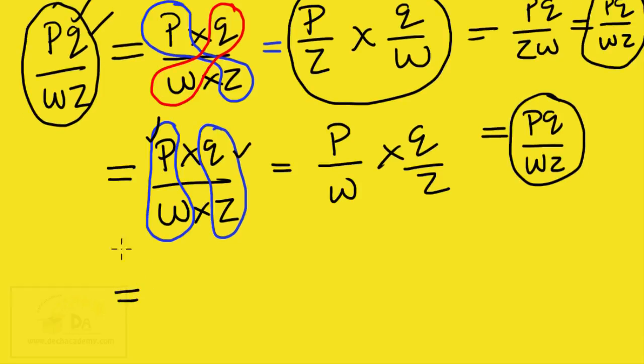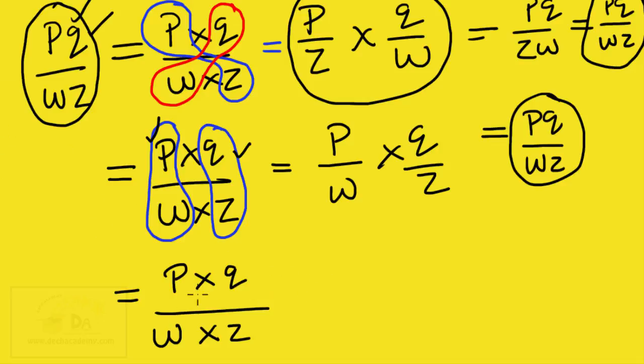Here's one more example. So starting from here again, PQ is written as P times Q, WZ is W times Z. I want to express this term, which is now this term, as a product of two fractions.